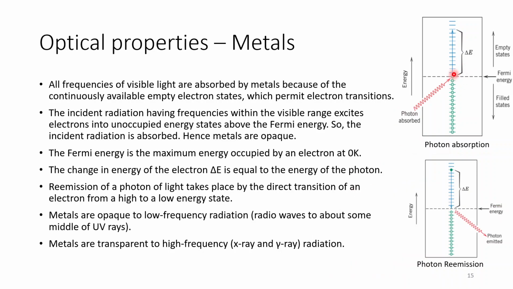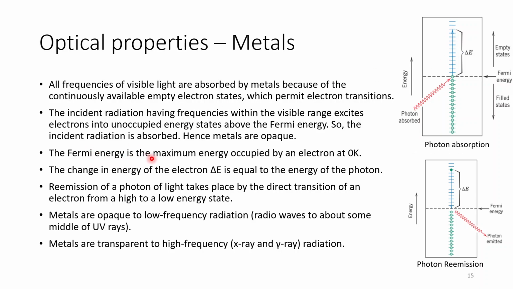So here some electrons which are at the lowest energy states will get excited and move to higher levels. So the incident radiation is absorbed, hence metals are opaque.